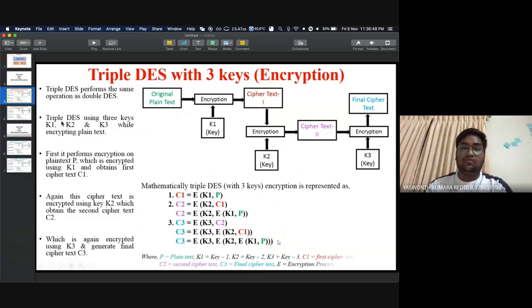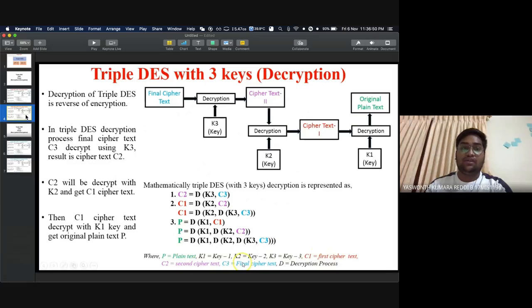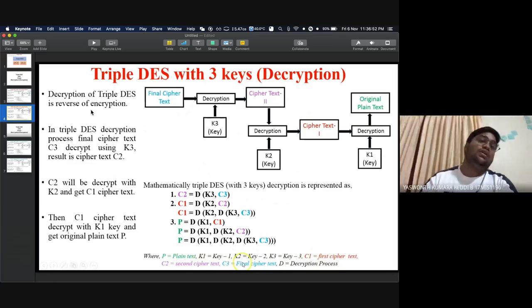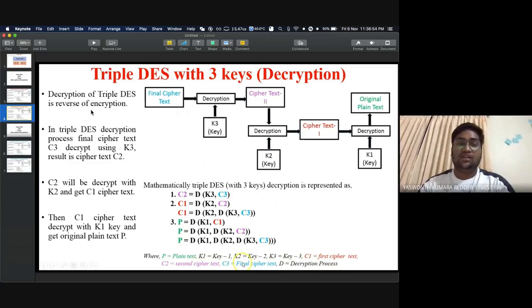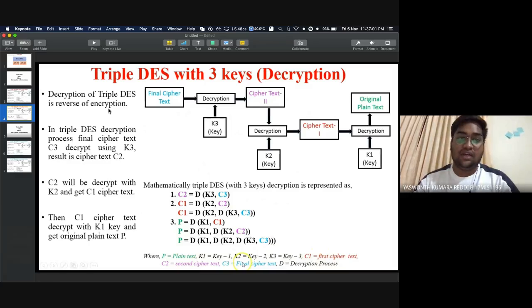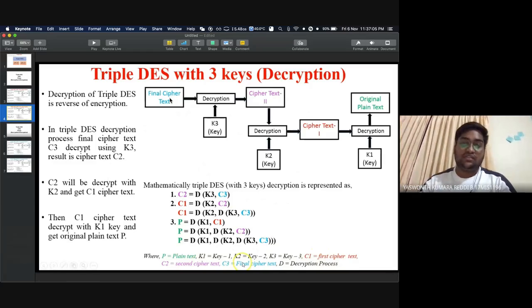Next we go through the decryption part: triple DES with three-key decryption. Decryption of triple DES is the reverse of encryption. We should do the reverse method in this decryption.